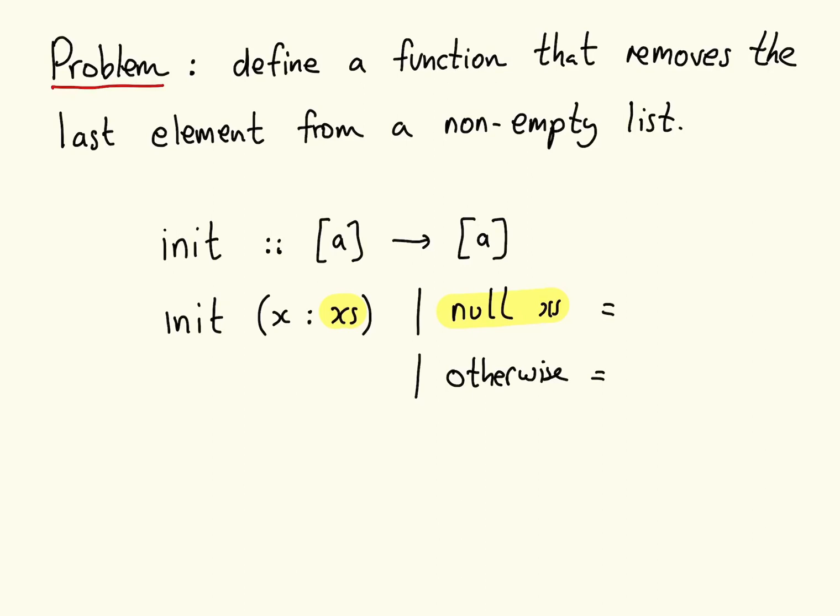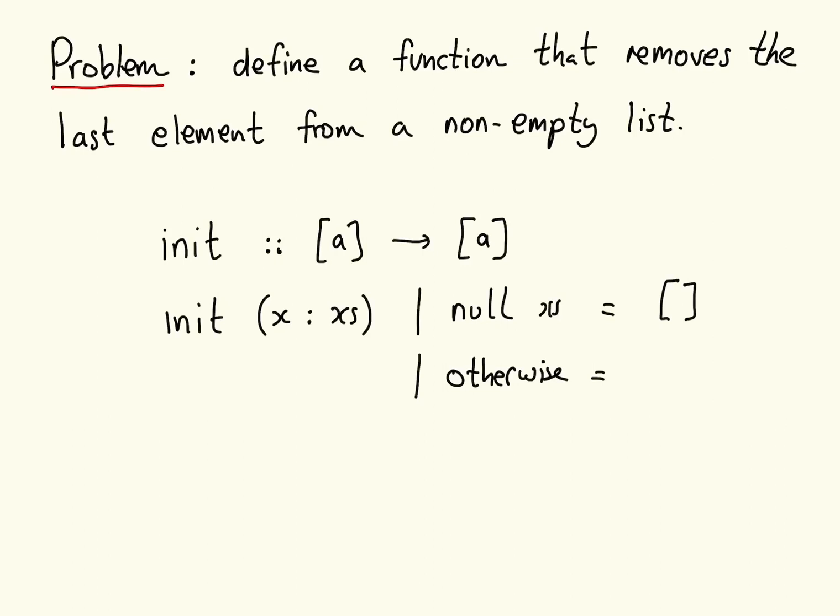So why is this going to be a simple case? Well, if the list xs is empty, that means x is the only thing in the list, and that means x is the last element. So if I reach the case where the tail of the list is empty, so null of xs, that tells me I can remove the x because that's the last thing in the list, and I'll simply get back the empty list.